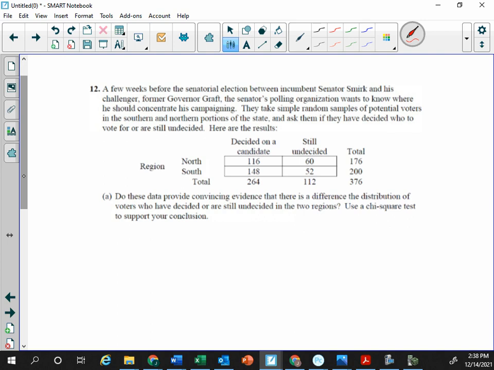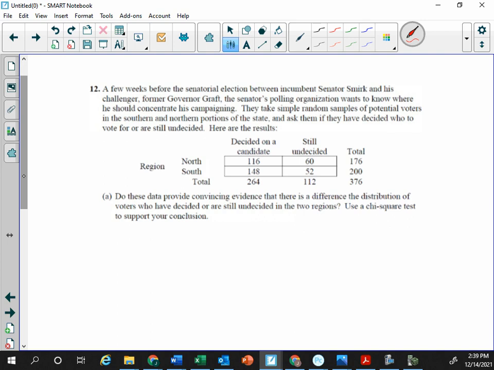We want to know, is there convincing evidence of a difference in the distribution of voters who have decided and undecided in the 2 regions. So what we're looking at is it the same between the North and the South? The proportion of people who have decided on a candidate and the proportion that are still undecided. That's what the test for homogeneity is. Is it the same across these 2 groups, these 2 populations that we're looking at?